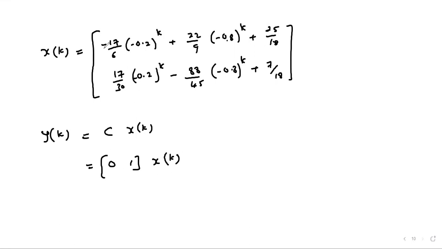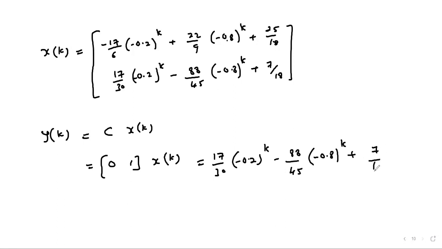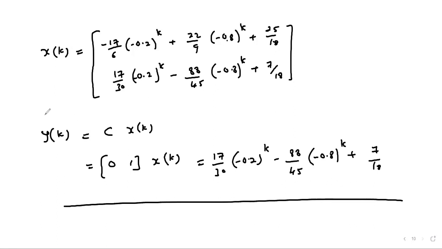That means the first row will collapse and we'll be left with the second row as our Y of k, which is 17 over 30 into minus 0.2 to the power k, minus 88 over 45 into minus 0.8 to the power k, plus 7 over 18. And those are the solutions for the state and the output of our given problem.